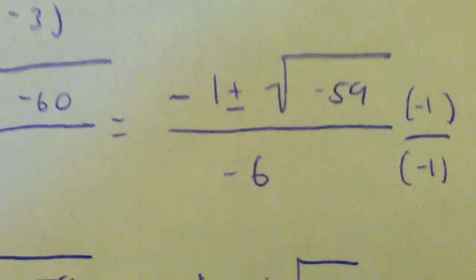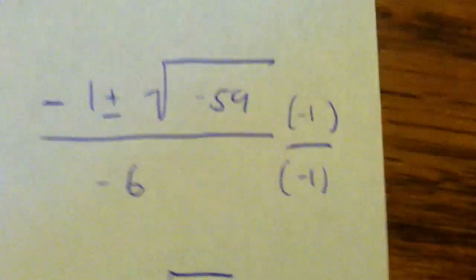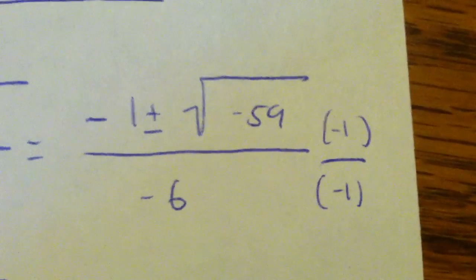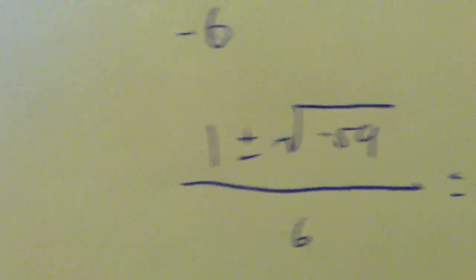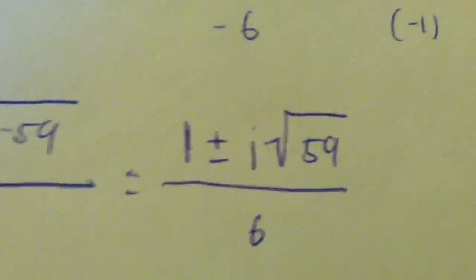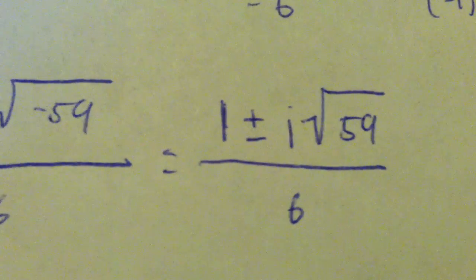And since we can't have a negative as a denominator, I just multiplied the denominator by -1 and did the same to the numerator. And my final answer for the quadratic formula was 1 plus or minus i radical 59 over 6.